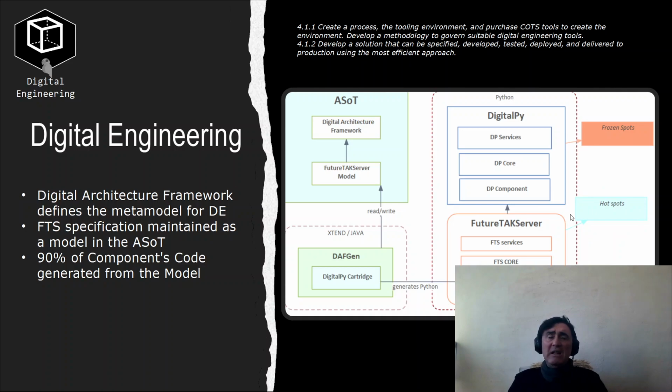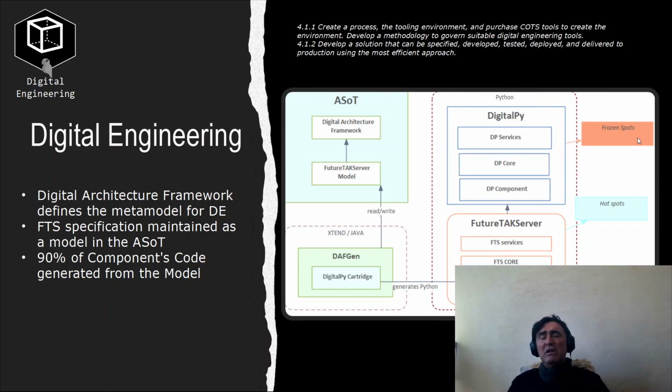Now, finally, we jump to the application side. And here, as you can see, on the top we have Digital Pi, and on the bottom we have FutureTAKServer. So why do we have those two, and why are they separated? Because Digital Pi contains everything that we call in architecture a frozen spot.